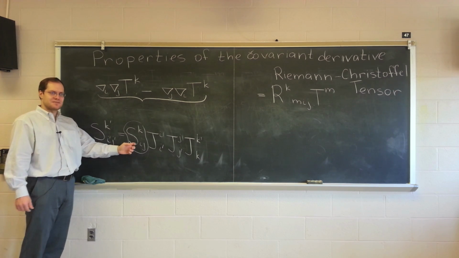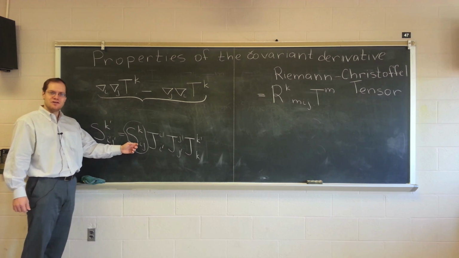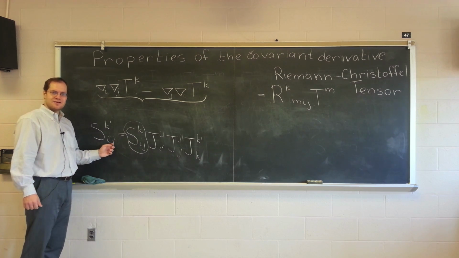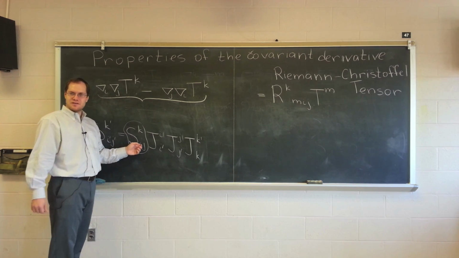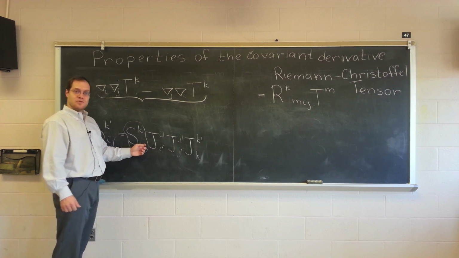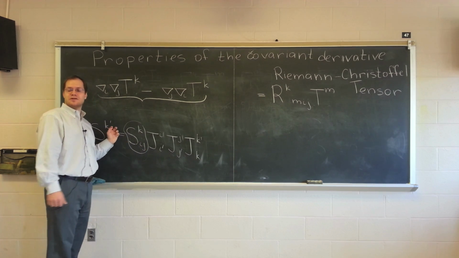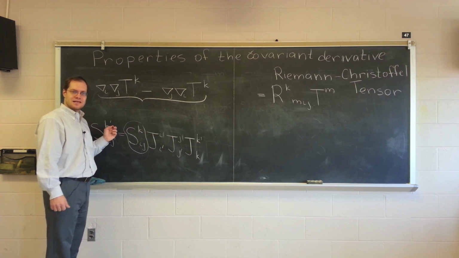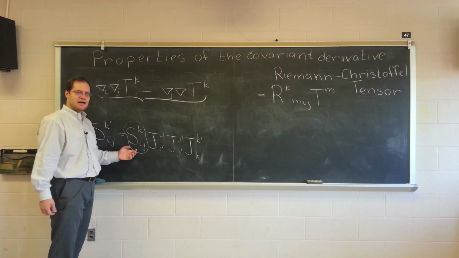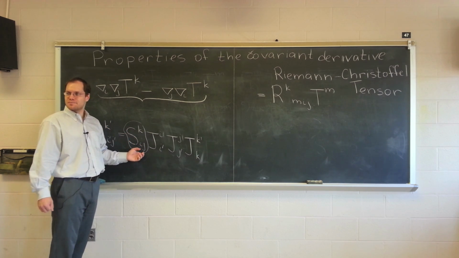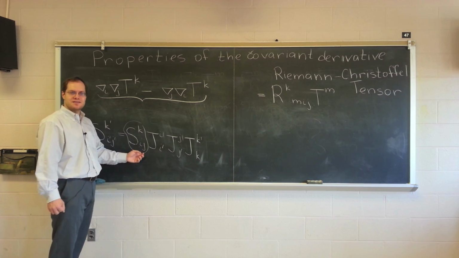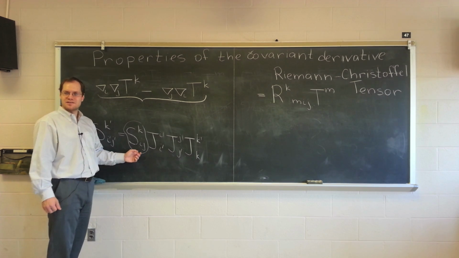But because it's a tensor, because it has this very special rule for transforming from one coordinate system to another, we can comfortably conclude that if it's 0 in one coordinate system, then it's 0 in all coordinate systems. It's one of the properties of tensors. I didn't want to mention it before without an application of that one rule. But if a tensor is 0 in one coordinate system, it's 0 in all coordinate systems.